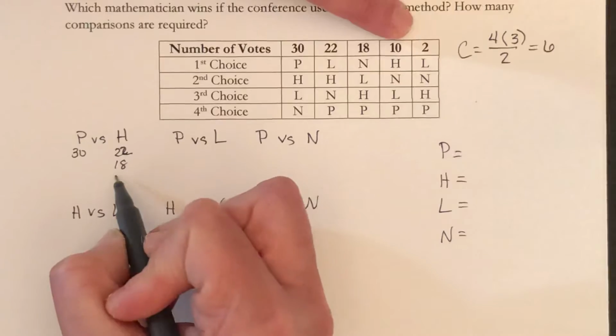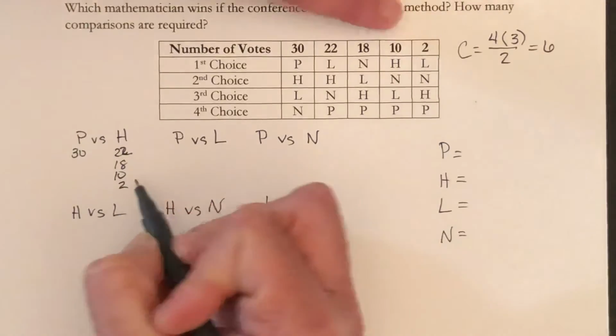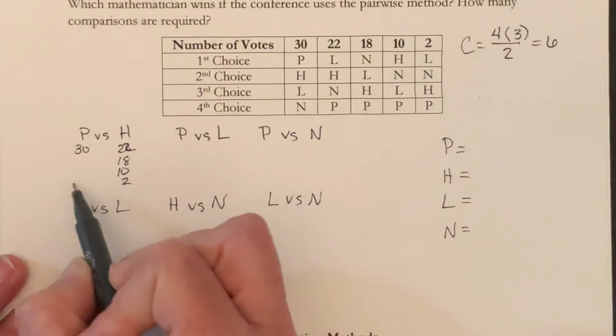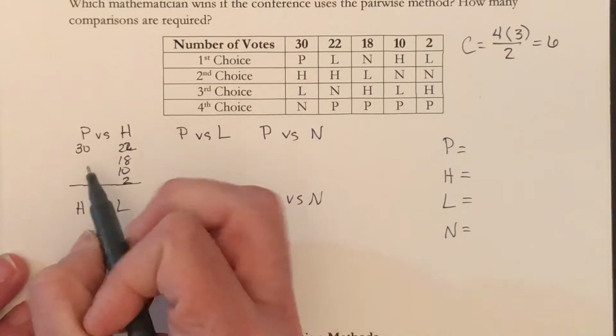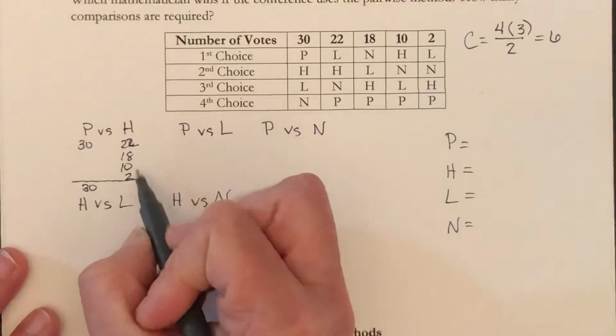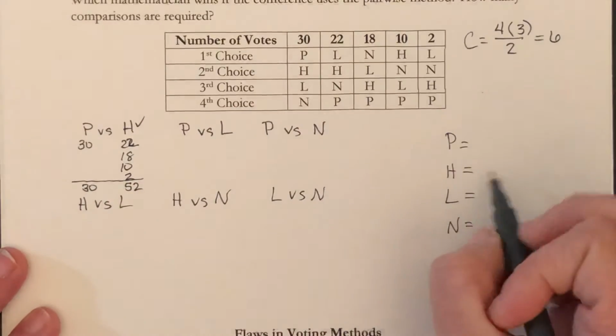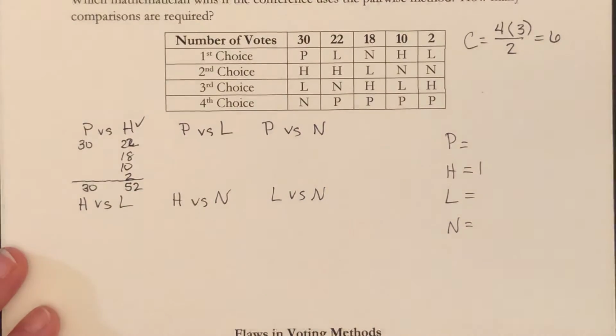Hypatia wins here, so that's 10. And then she wins here again, which is 2. And I didn't quite leave myself as much space as I would have liked here. So that's a total of 30 votes for Pythagoras and 52 votes for Hypatia. So she wins. So that's 1 point for her.